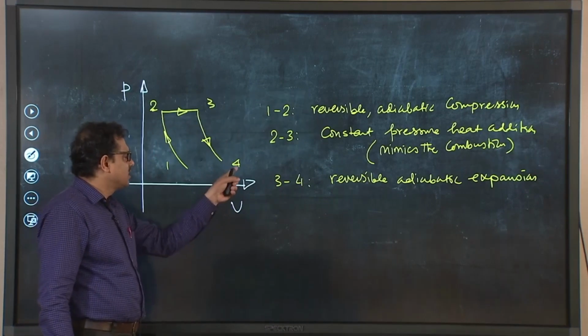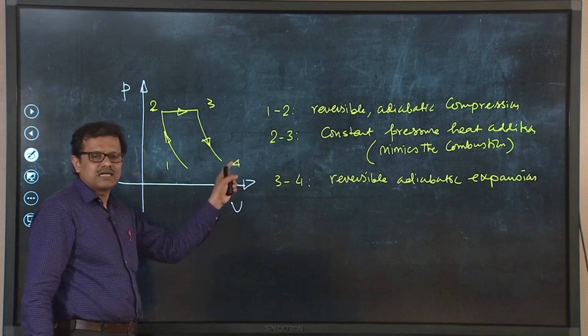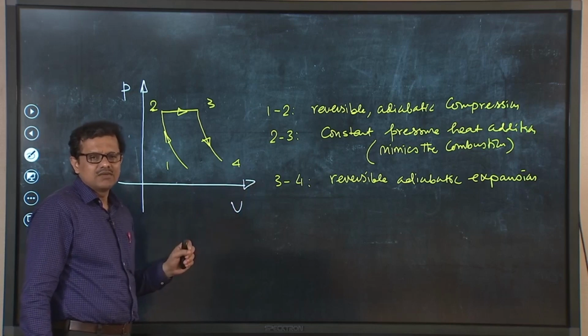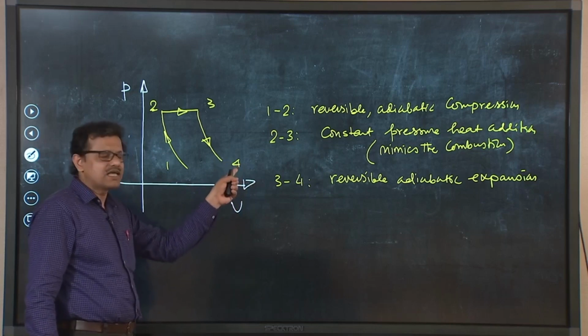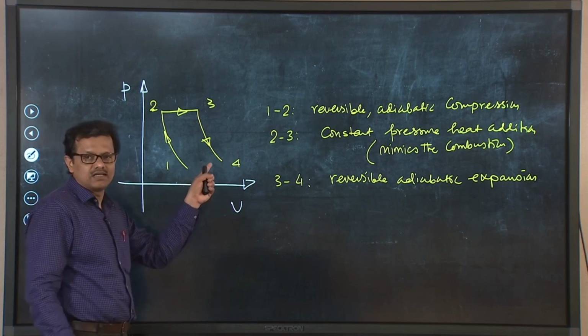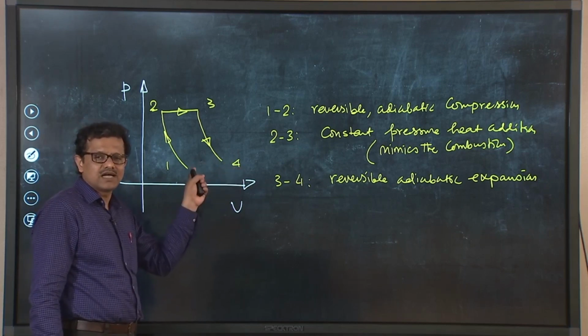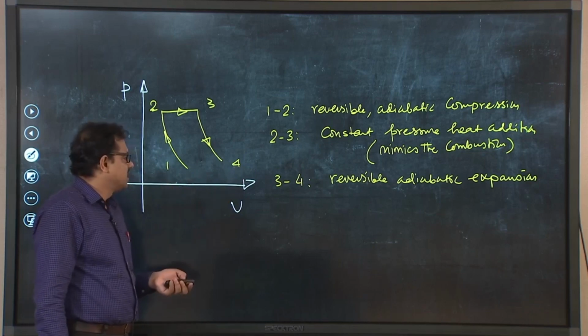As I said, the state point 4, though that gas or air is discharged directly to the ambience, that state point 4 is not exactly equal to state point 1 thermodynamically. Certainly pressure and temperature of the working fluid at state point 4 is higher than the state point 1.